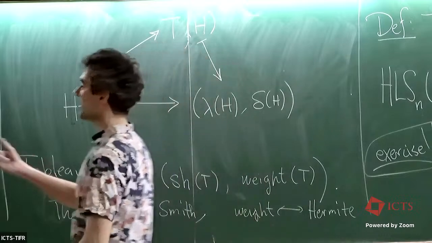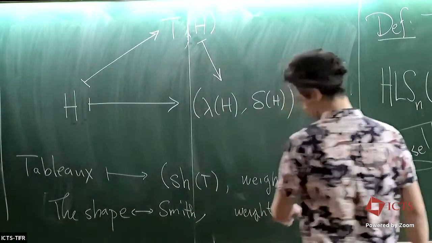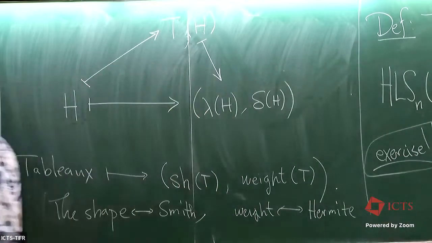But when you want to look at these two pieces of data, the elementary divisors and the Hermite parameters, the diagonal entries on that Hermite form, you're really looking at a tableau based on its shape and its weight. This has a Kostka flavor to it.